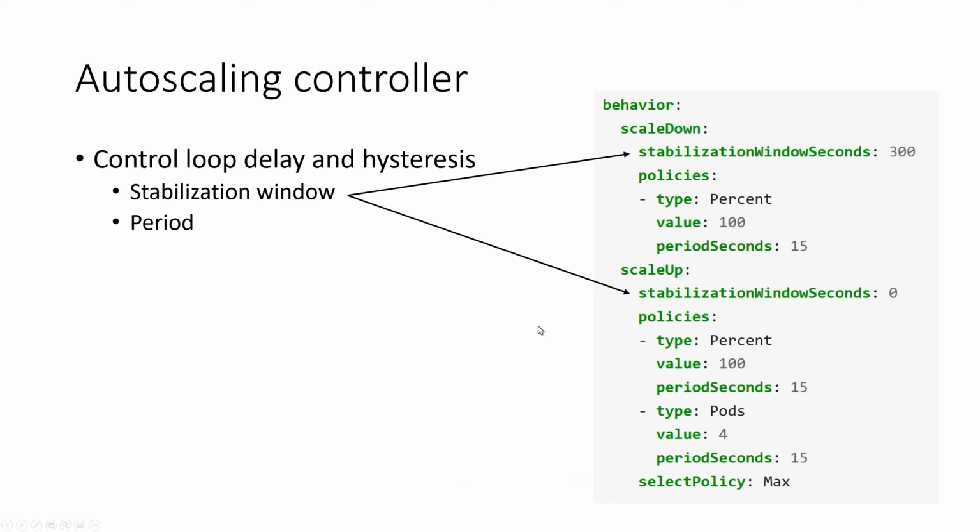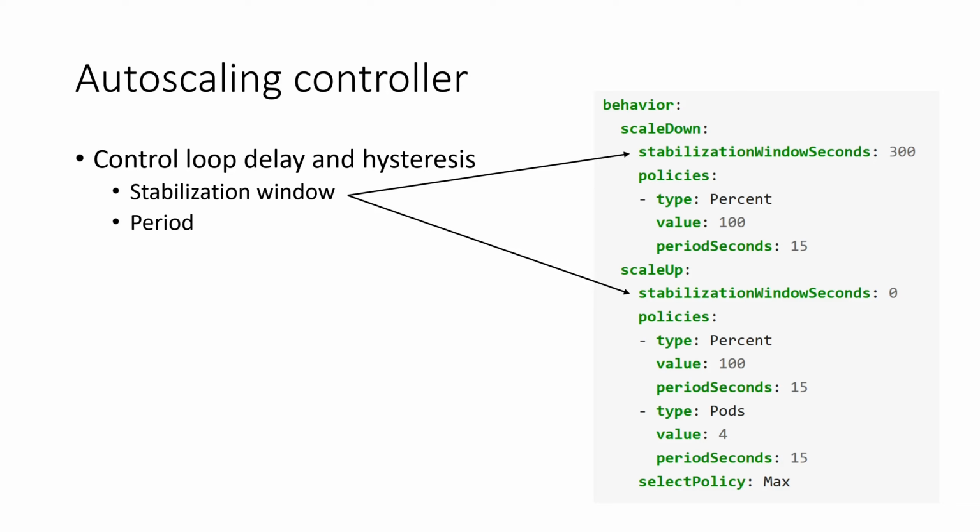So let's have a look at the default configuration for the auto-scaling controller in Kubernetes. The default configuration is this one shown here on the right. The autoscaler is in charge of scaling down our microservice when load is low and scaling up when load is high. One of the things that we saw is that control loops need a delay and something to deal with hysteresis.